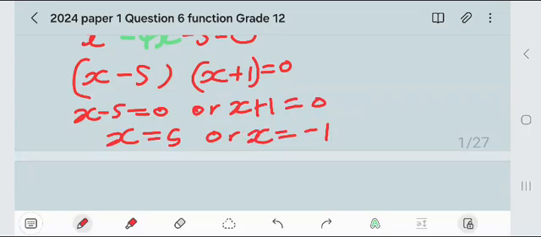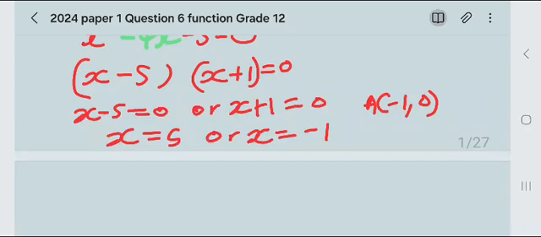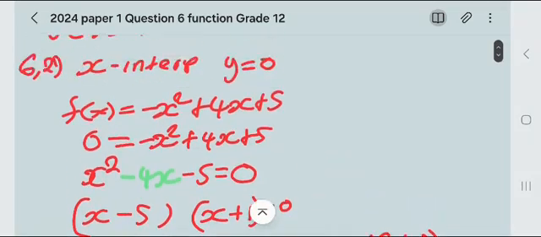So the point at A, the coordinate at A, is supposed to be minus 1, 0. Remember, it is the x-intercept. So we have that coordinate.